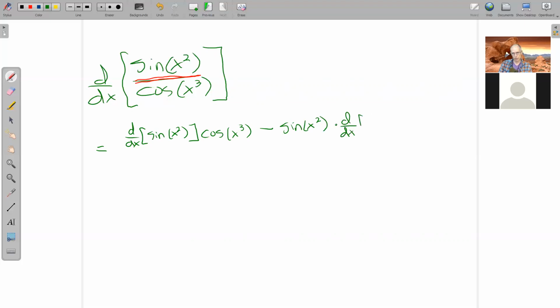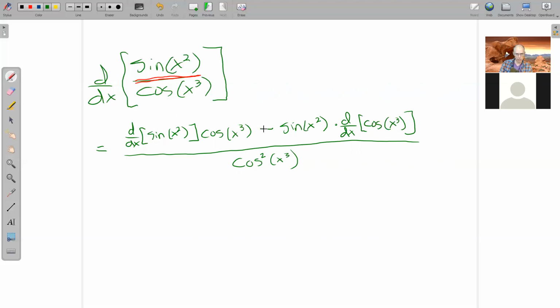So there's derivative of the bottom function. And then all of that is over the bottom function squared. So I'm just kind of setting myself up for the quotient rule. So that's what the quotient rule says, right? Derivative of the top times the bottom minus the top times the derivative of the bottom. And the derivative of the bottom always has to go with the subtraction. So that's important that we get that order correct.